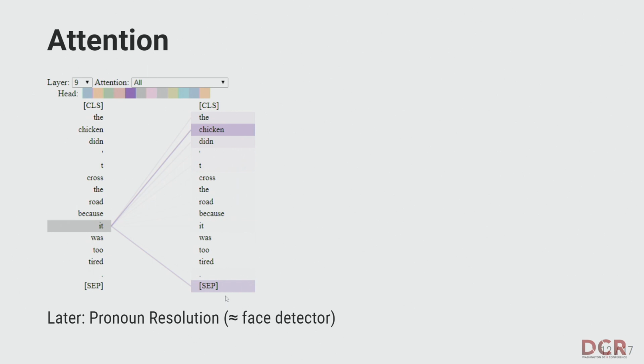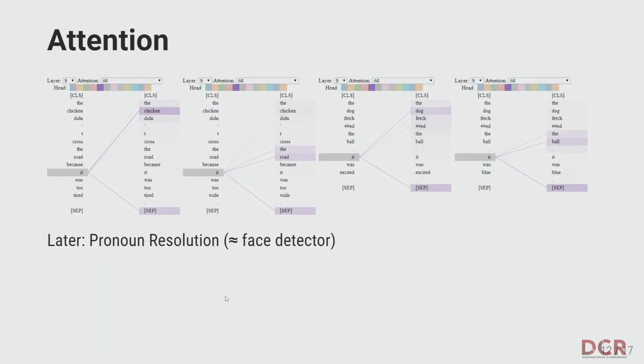Just in order to understand language, that was something it had to learn. So we've got it chicken. And if we look, it's it road, it dog, and it ball. Some of them are a little distributed. It's not 100% sure. But that's really cool. It really is kind of understanding the language.